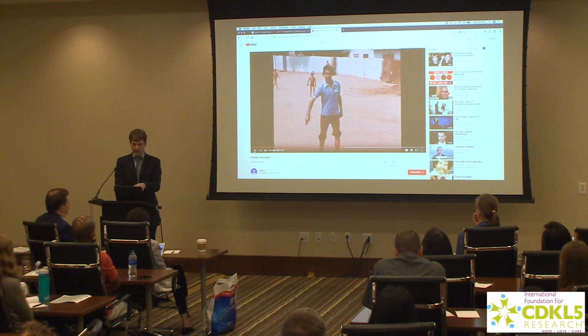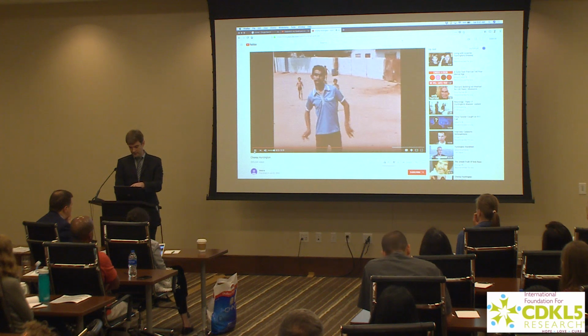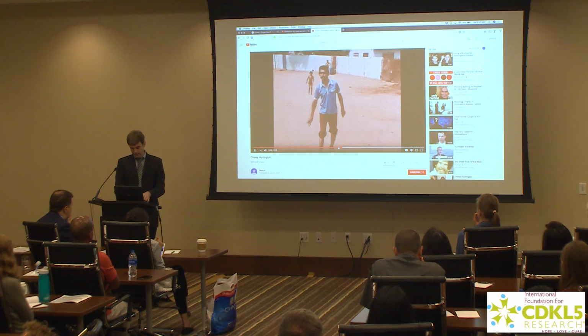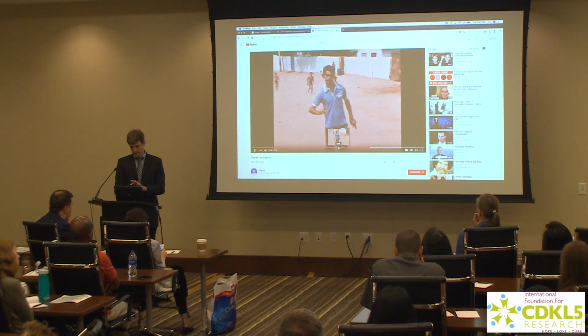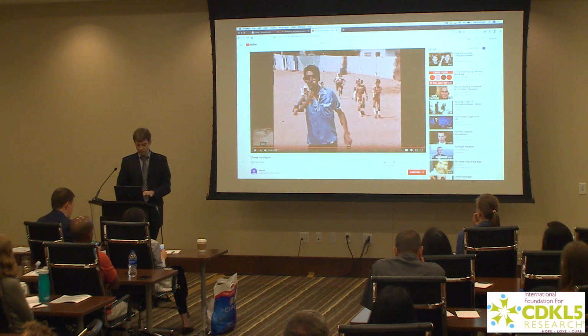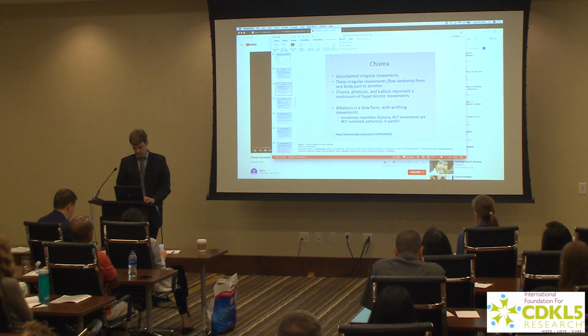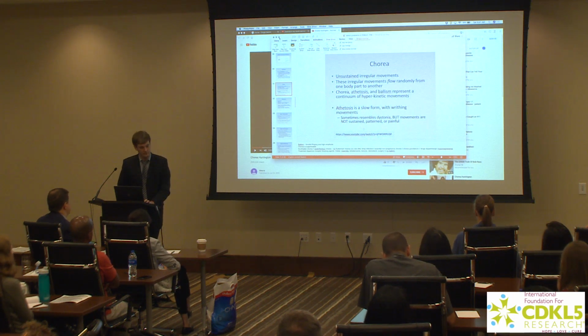You can observe that first his right arm will have these writhing, almost dance-like movements, and then when I play the video, they seem to become more preponderant on the left. So now you can see it on the left a little bit more accentuated. That is typically, picture book, what chorea would look like. It certainly does not lead to positions that the individual is stuck in. It's all involuntary.